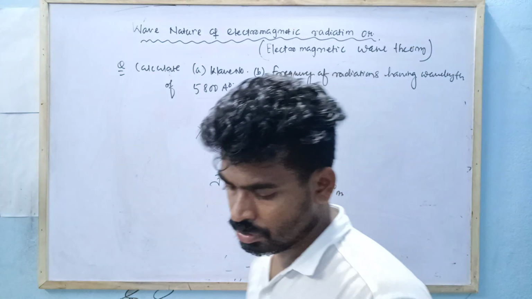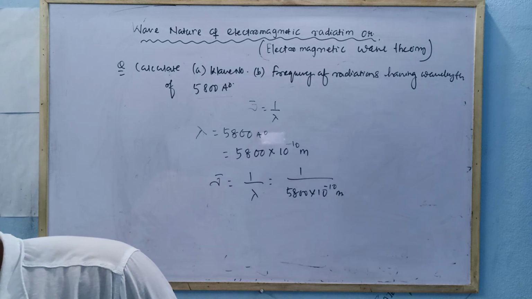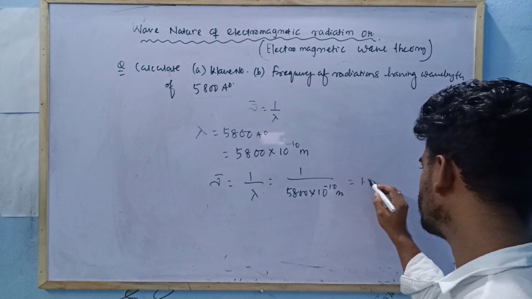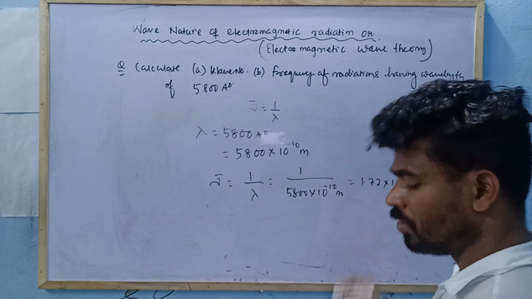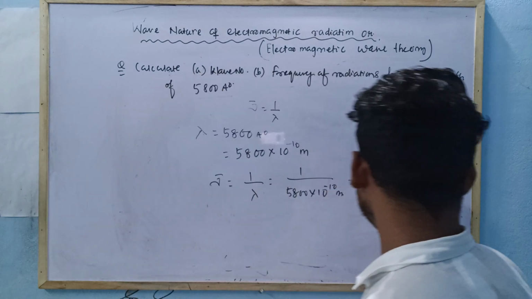The value comes out to be 1.72 into 10 to the power 6 meter inverse.